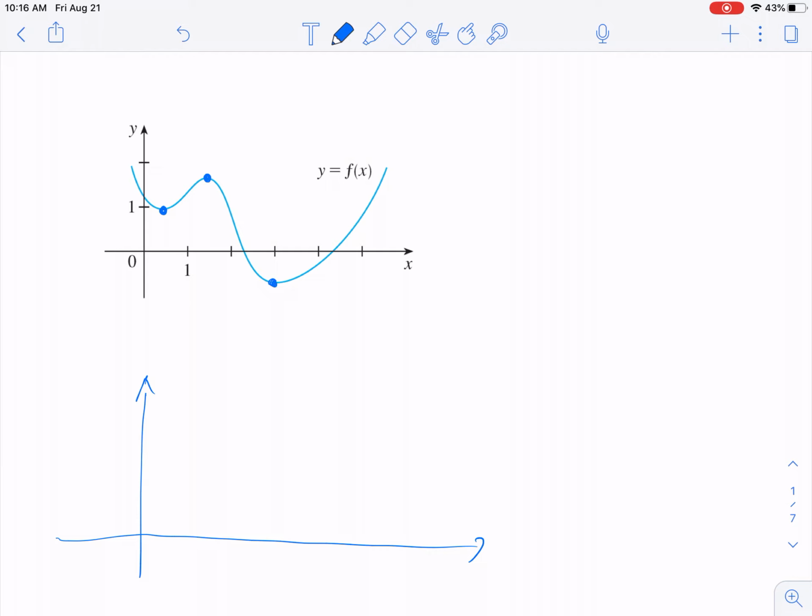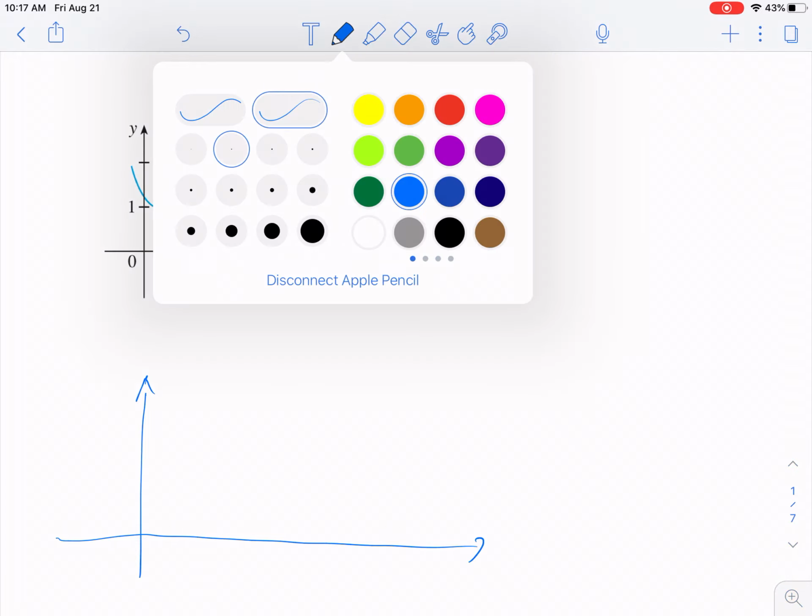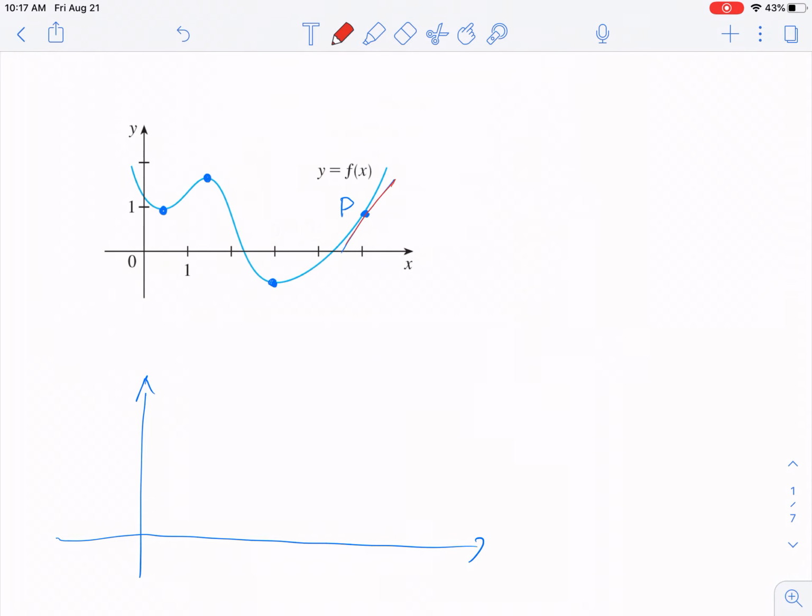Let's just pick a random point, this point right here, and call it P. As x equals 5, we draw the tangent line at P. It's right here. That's a tangent line. Now we estimate the slope of the tangent line is about 3/2.